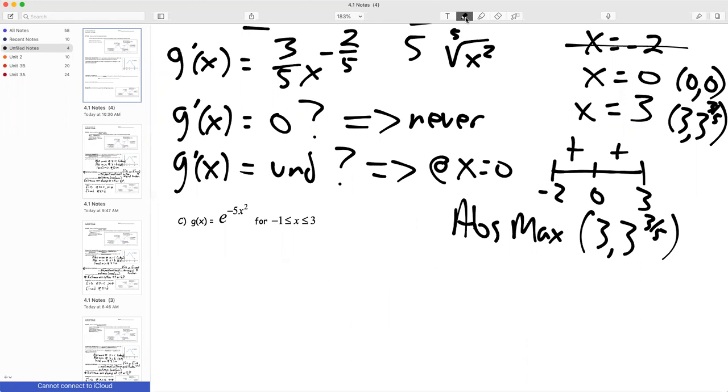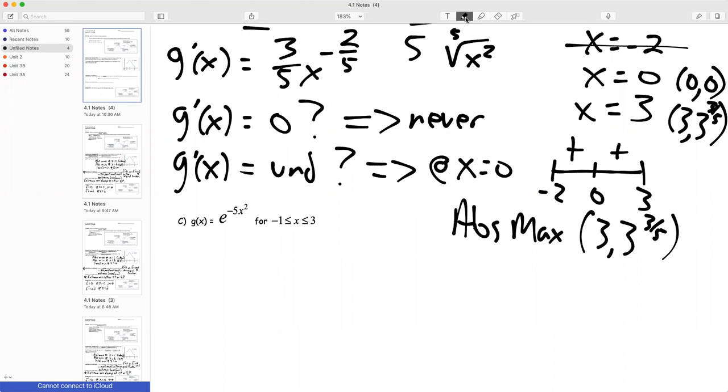If the endpoint on the other side were open, it is possible that it still has a max, but EVT would not apply. If the function is increasing on its domain throughout the whole time, then yes, you are correct. It would not have a max. But what I'm saying is, just because there's an open circle on the endpoint does not necessarily mean that it does not have a max.